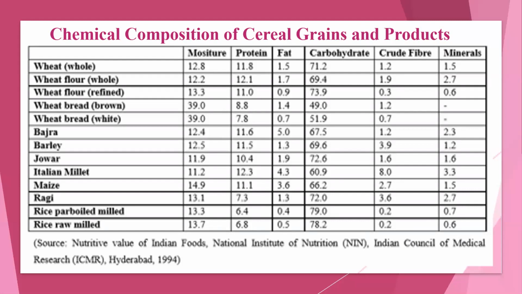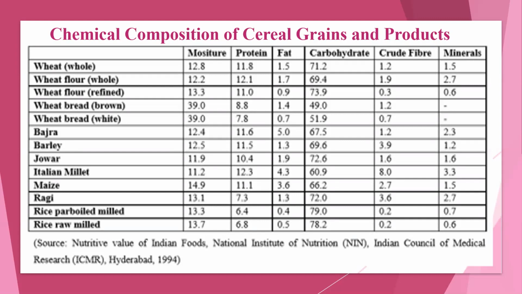Whereas protein content ranges from 6.4% in rice parboiled milled to 12.3% in the Italian millet. Lipid content ranges from 0.4% in parboiled milled rice to 5% in bajra.